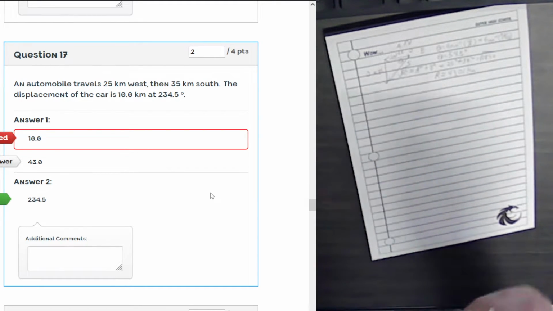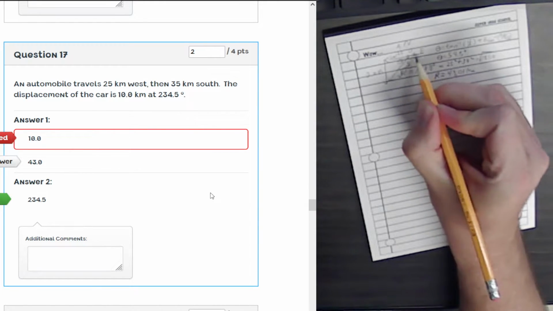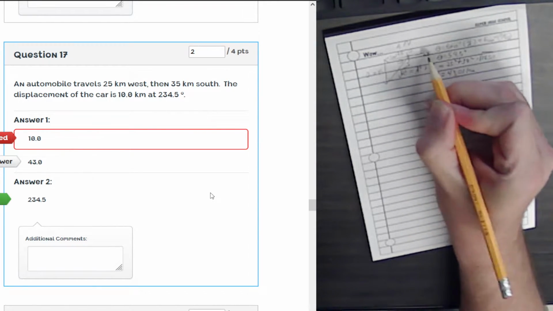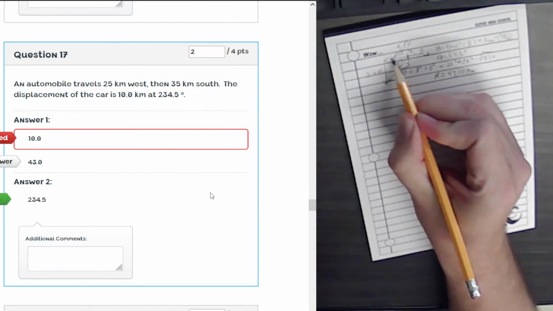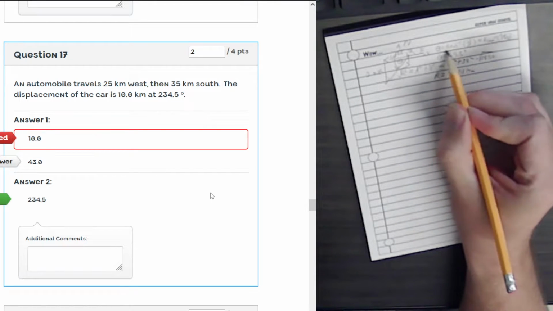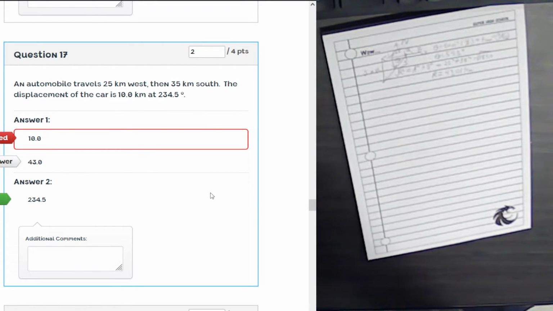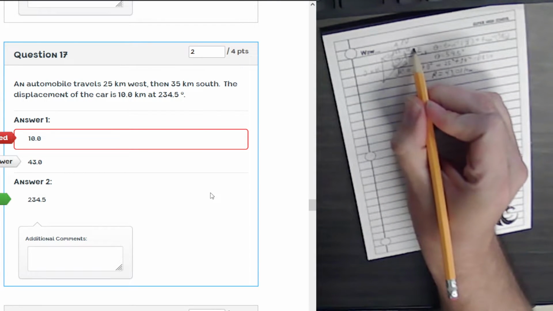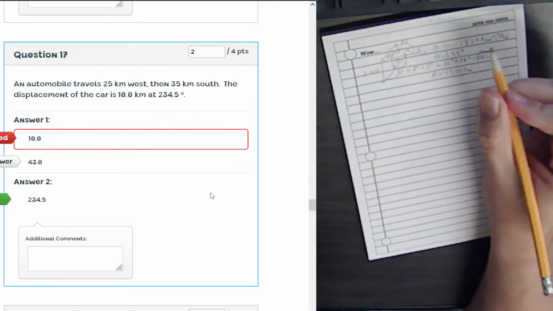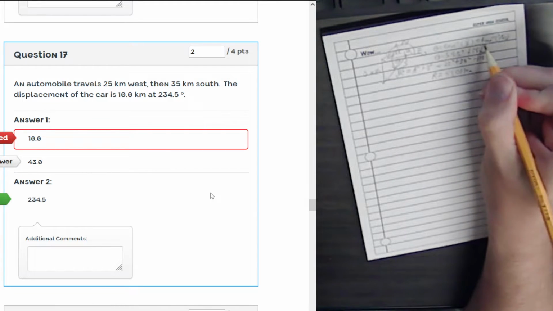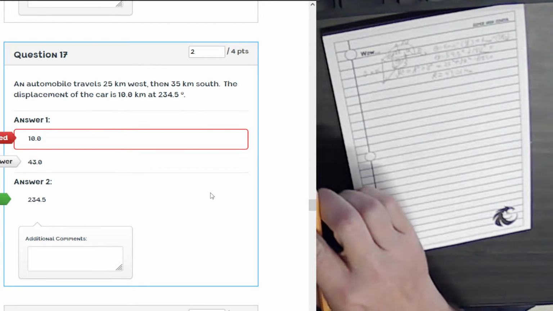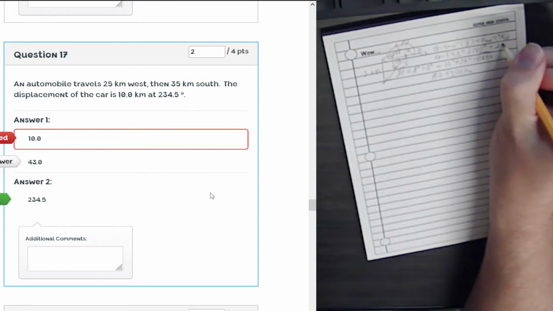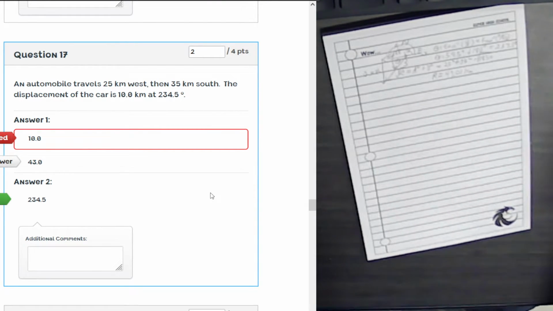Okay. So then remember, we're always going to report our angle from positive x. So positive x is over here. So we're going to go all the way over here, through quadrant 1, through quadrant 2, to somewhere in quadrant 3. So we know this is our angle from the x-axis in quadrant 3. So to get from here to here, that's 180 degrees. So we have to add 180 degrees to that to get our total angle. So 180 plus our angle gives us 234.5. And so that agrees with our answer.